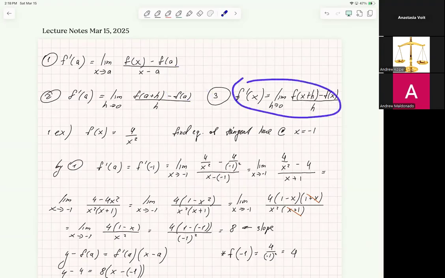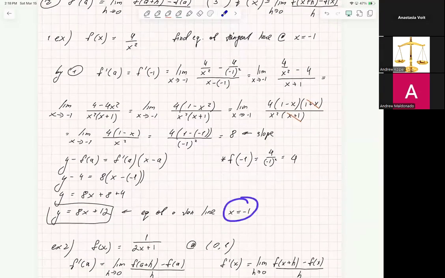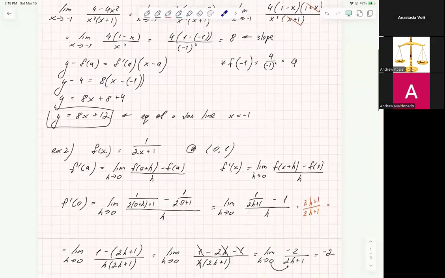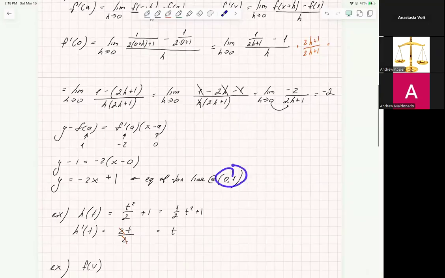This one, again, is more general. This is what we were using in class, but you can use these two as well. But these two formulas will give you the value of the slope right away. This one will give you the answer in terms of x, where you need to plug in, let's say, this -1 for the first example that we had, or for the second example this 0, and you will get the slope.